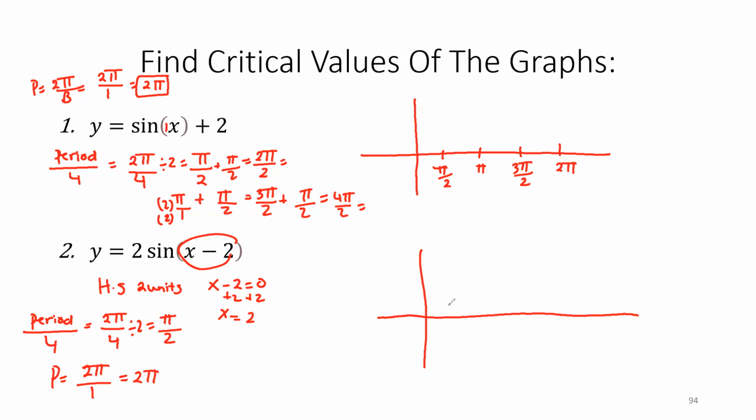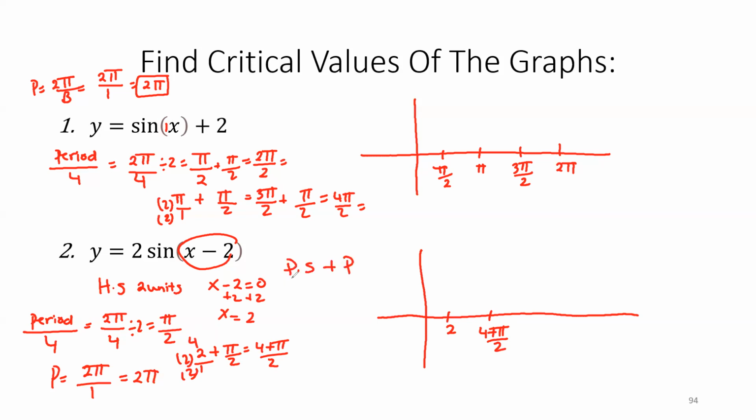So what you do is you start at your phase shift. In our case, ours is 2, and then you just keep adding pi over 2. Your last point will be the phase shift plus the period.